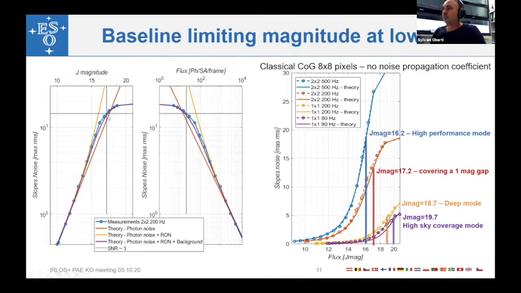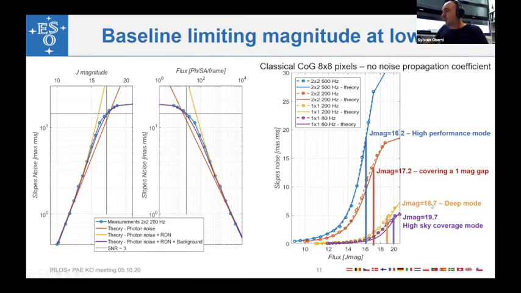And there we can see where we end in terms of faint magnitude, where we want to stop doing wavefront sensing. The summary of this rough analysis is on the right side, where you see that basically we want to deliver a high performance mode, 500 Hz, 2x2, where we very well sample the focus and astigmatism modes and minimize the typical residual and the vibrations up to J magnitude 16, and then switch to a full pupil mode with 200 Hz to address the faint end up to 18.5 plus, hopefully.